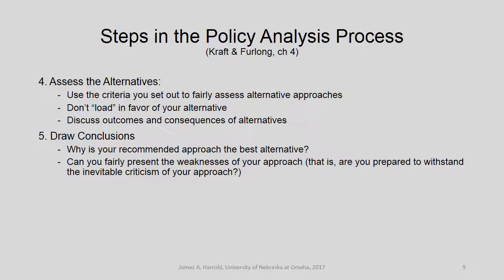Fourth, Kraft says you have to assess the alternatives, and this is where the criteria that you came up with is used to fairly assess alternative approaches. You may have 3 or 4 different approaches.